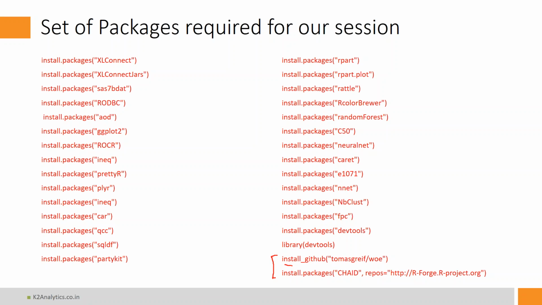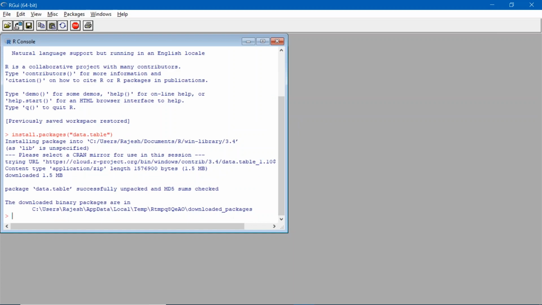So to download from GitHub, you require DevTools, which means you have to install the package DevTools. It might be already installed on my machine. If some package is already installed and you still run the install.packages command, that package will get installed again. It will overwrite it.